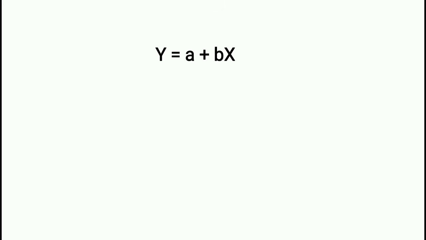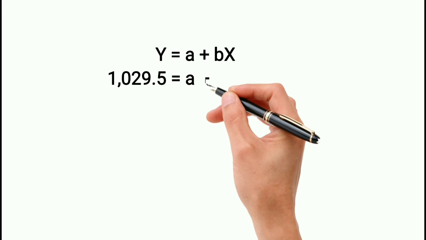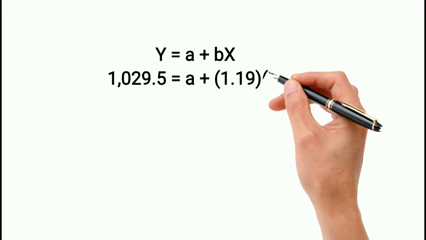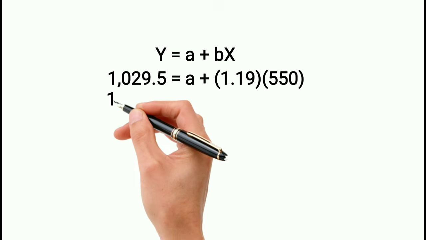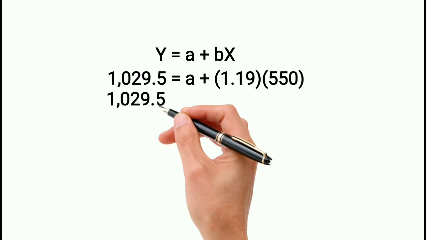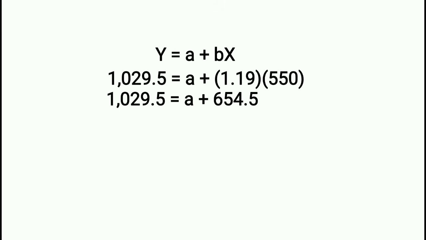I-substitute lang natin yung mga values. 1,029.5 is equal to a plus 1.19 times 550. 1029.5 is equal to A plus 654.5. Yung 654.5, that is the product of 1.19 and 550.